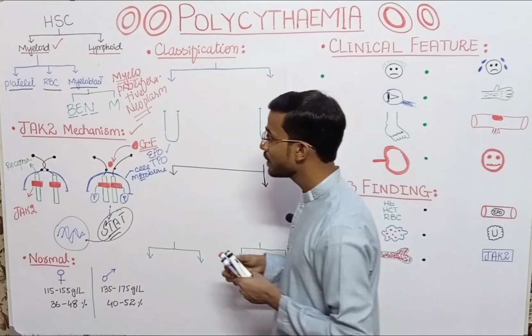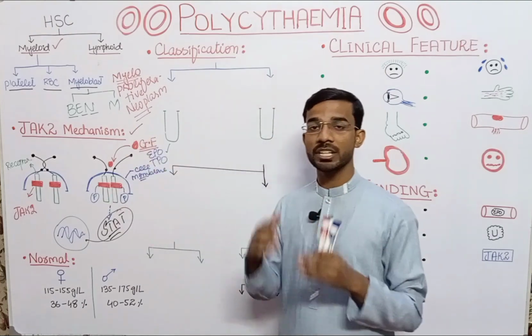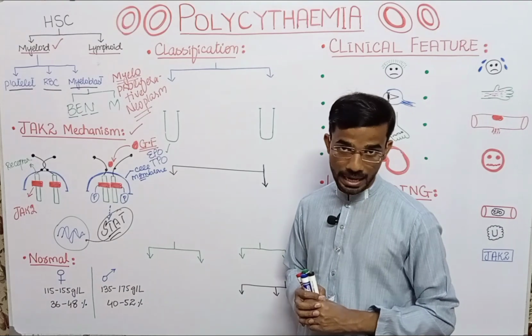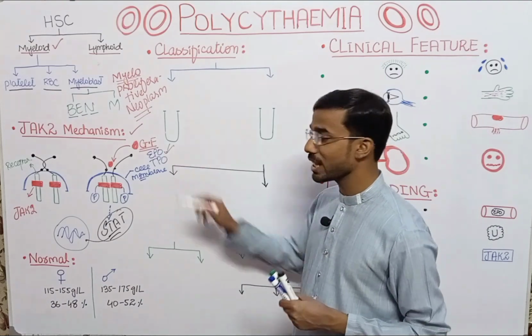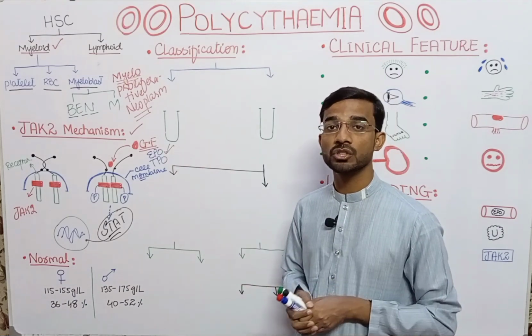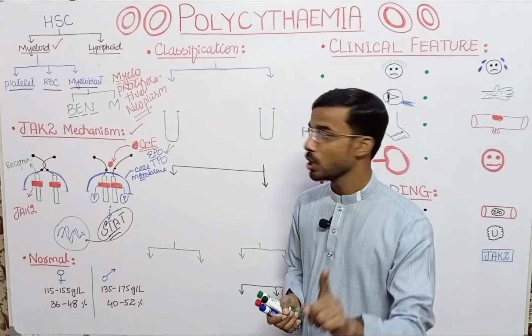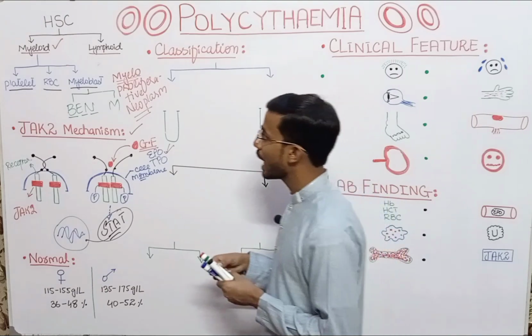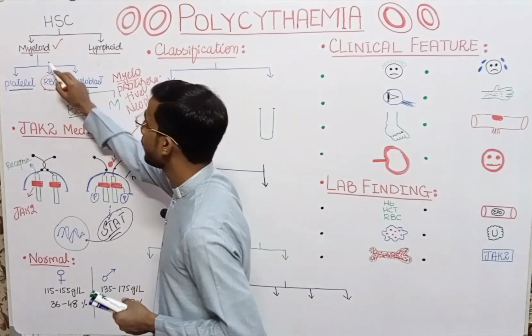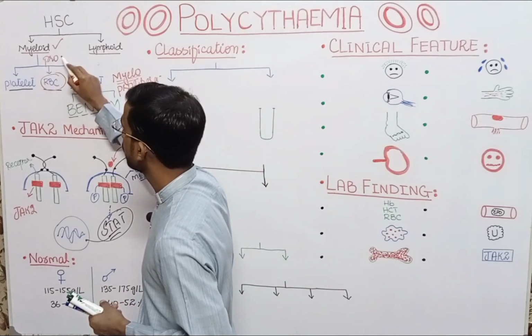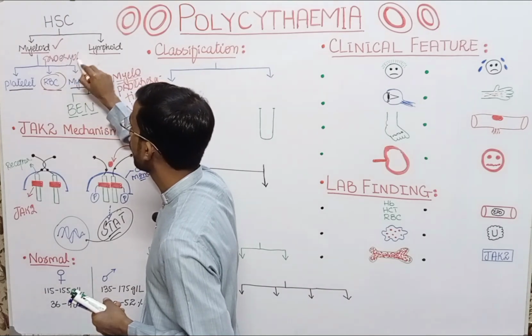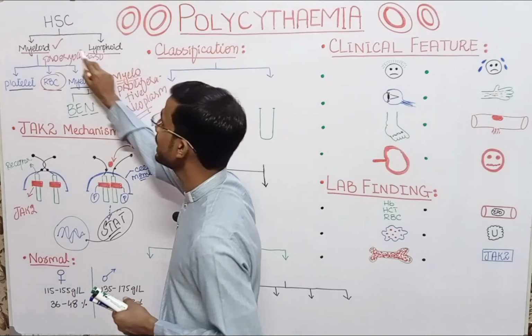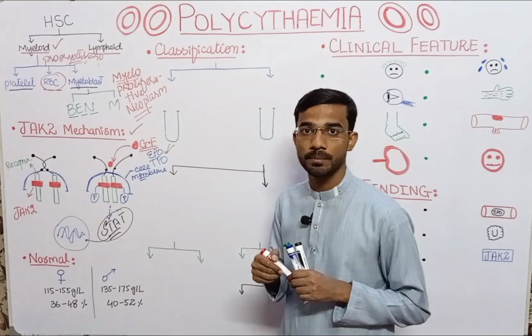So it means that the JAK2 mechanism is involved in the proliferation of the cell. If EPO attaches, then it is involved in the proliferation of the RBCs. These growth receptors are present on the pro-erythroblasts, which are precursors of the RBCs.